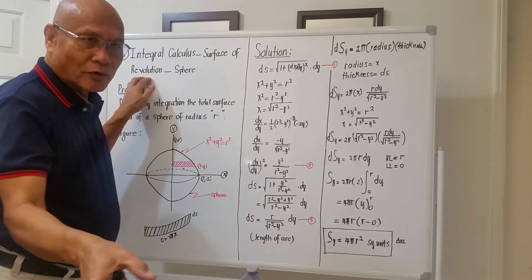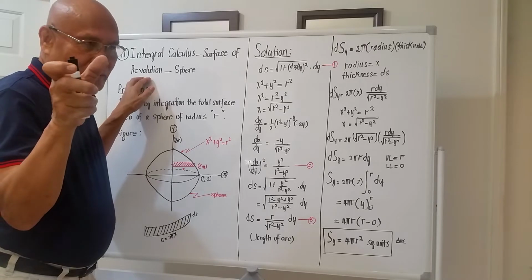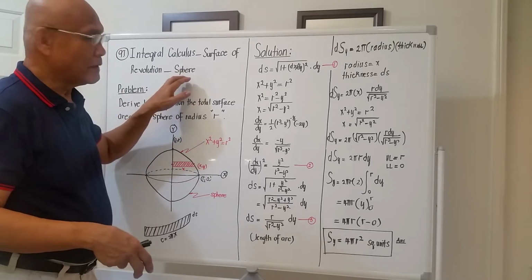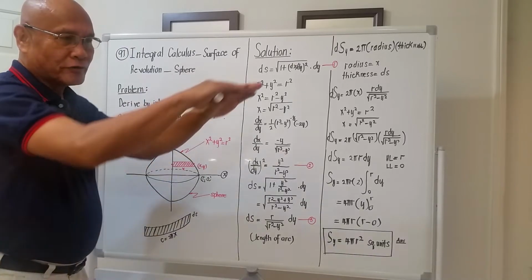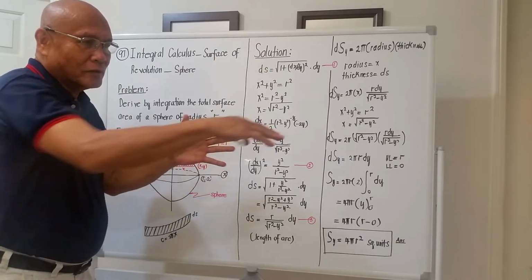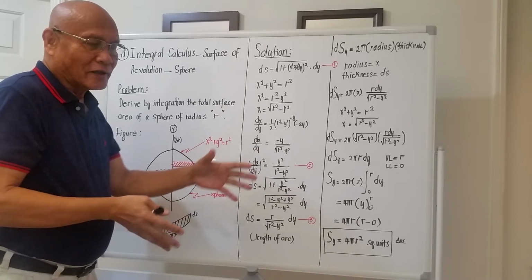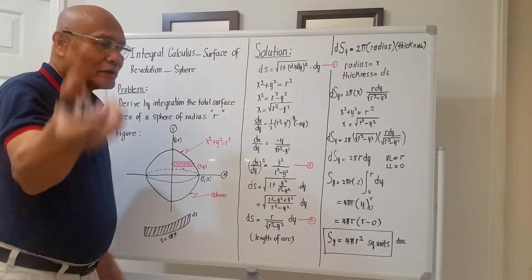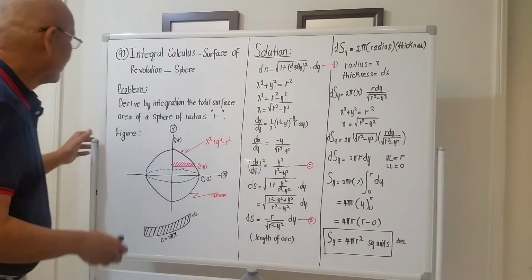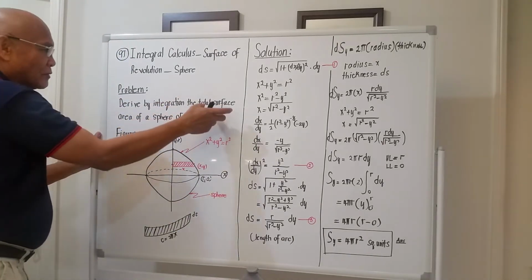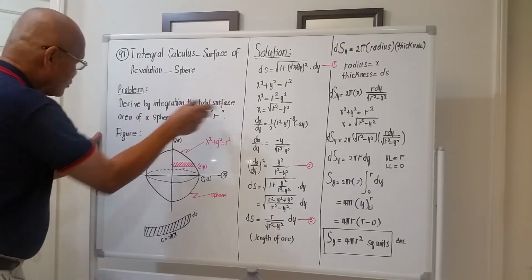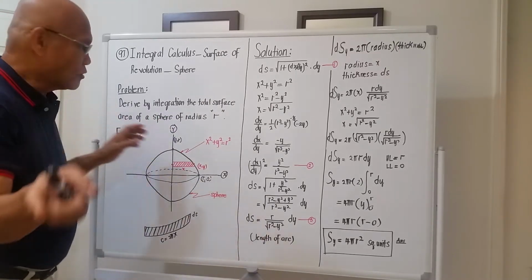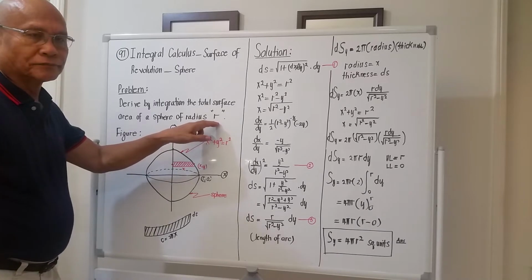And for this morning, the object that we will be deriving a surface area will be a sphere, like the globe or a basketball, something like that. The total surface area. Okay, I will try to read the problem. Derive by integration the total surface area of a sphere if the radius of that sphere is radius r.